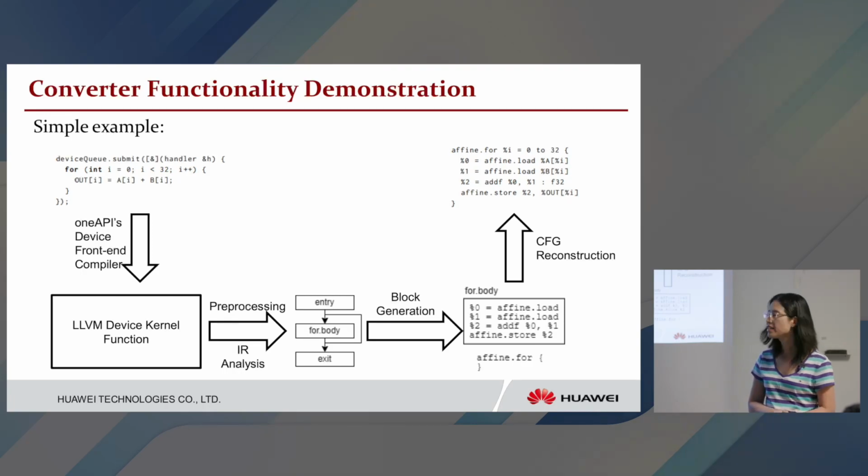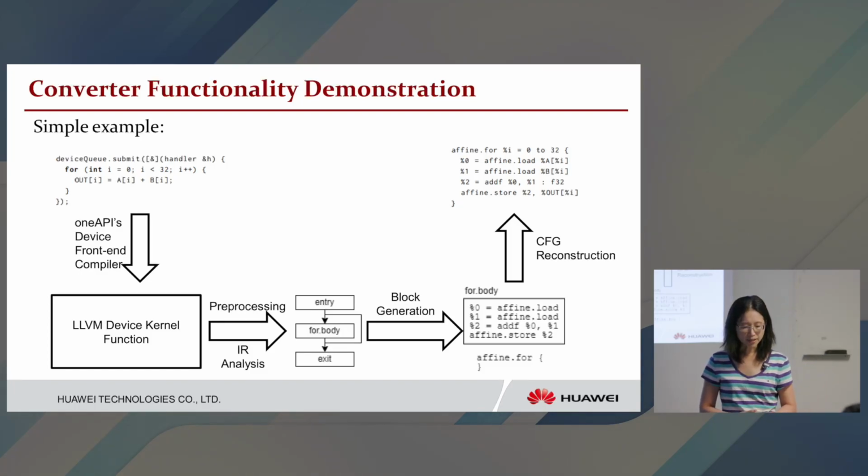Okay, having said all that, and some of the hoops we need to jump through, just to recap. We take a SYCL device kernel, written on the left, through the front-end compiler, and it generates an LLVM device kernel function.